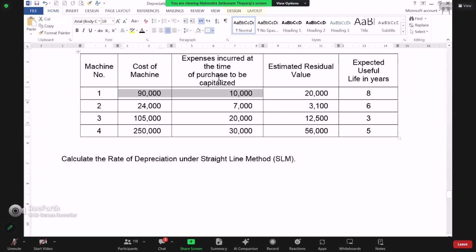These expenses are capitalized because the machinery value is increased. So the total amount, cost plus expenses incurred, minus residual value. Residual value means the value at the end of the life. You deduct the residual value and divide it by the useful life.